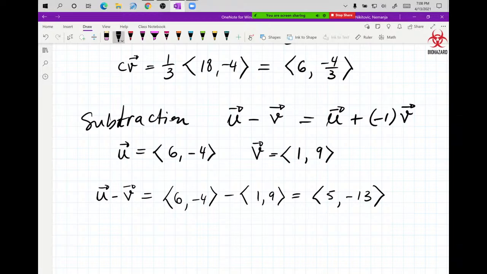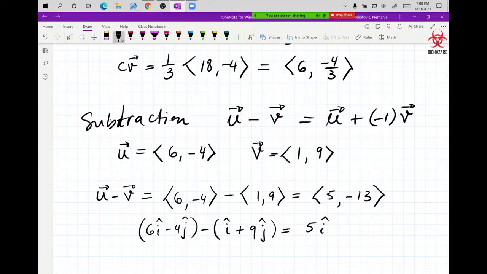Component form is going to do exactly the same. You are going to have your 6i minus 4j, and that is going to subtract i, forgot the hats, oops, i plus 9j. So 6i minus 1i is 5i.